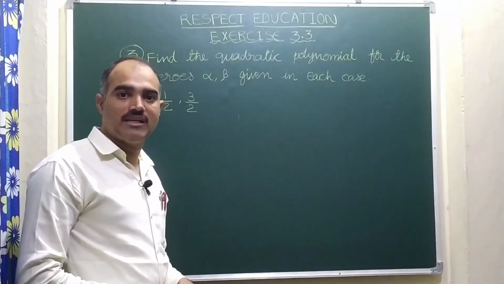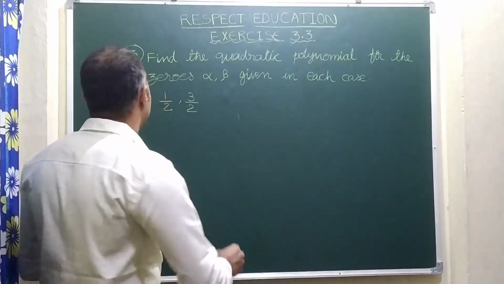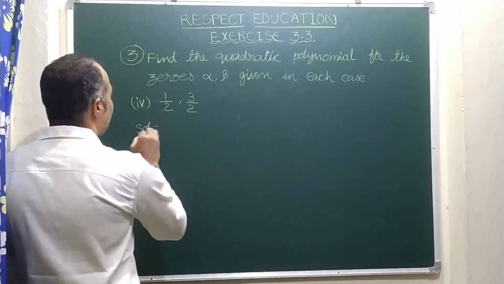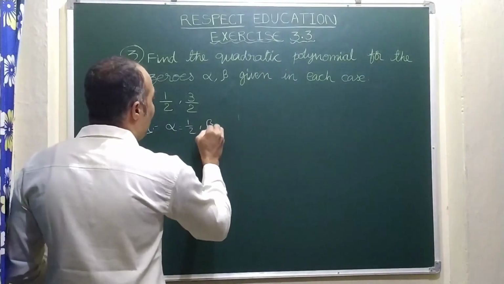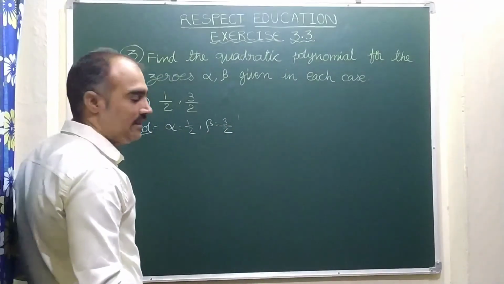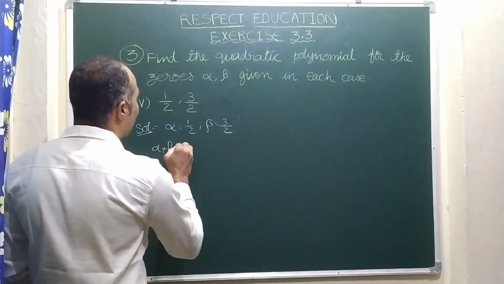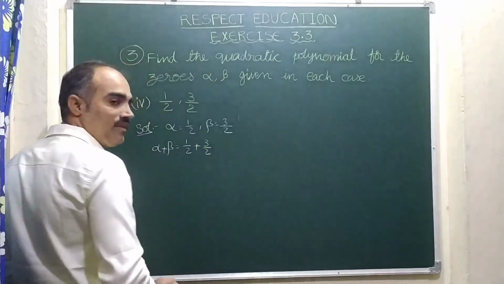Let us see next bit, that is fourth bit, 1 by 2 comma 3 by 2. So here 1 by 2 is nothing but alpha equal to 1 by 2 and beta equal to 3 by 2. Now we find their sum, alpha plus beta equal to 1 by 2 plus 3 by 2, right?